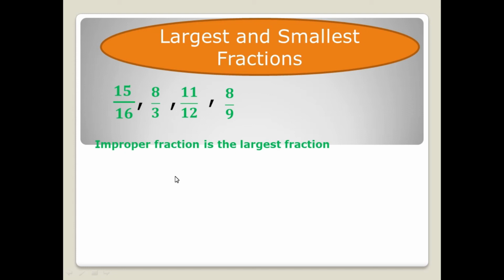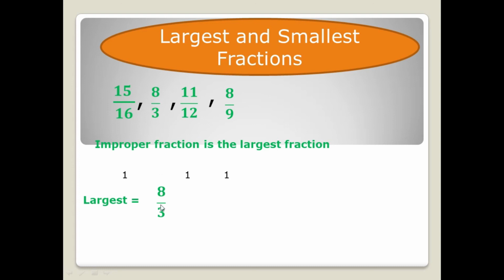We will again look at the difference between numerator and denominator of these proper fractions, which would be the same. Let's find it. 16 minus 15 is equal to 1, the difference between 11 and 12 is 1, and between 8 and 9 is 1. So the difference is equal, and we have already discussed that the improper fraction would be the largest fraction.